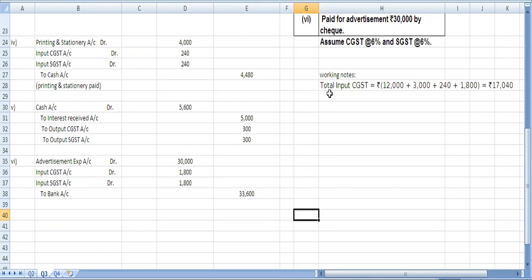Okay, the next thing we will do is find out the total input SGST. This will be similar: 12,000 plus 3,000 plus 240 plus 1800.